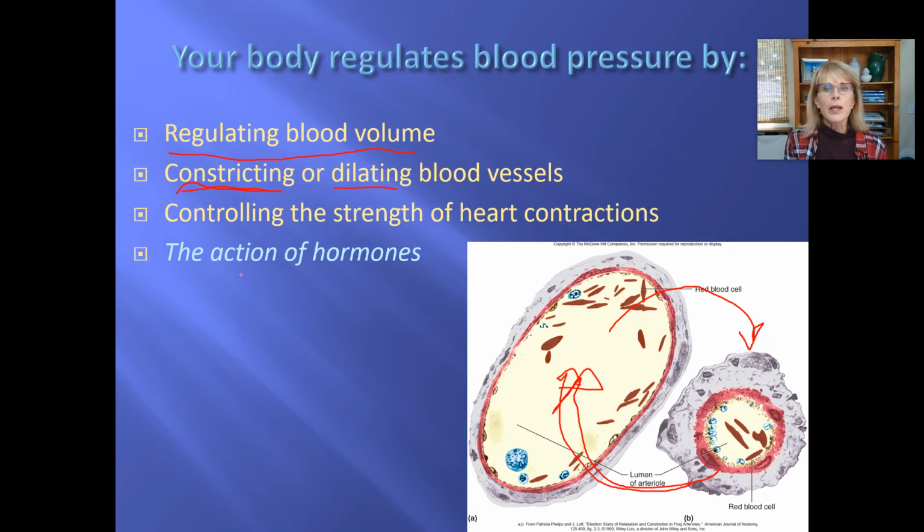A third way your body controls blood pressure is by controlling how hard and how fast your heart is beating. Actually, controlling your cardiac output. Remember, cardiac output is your stroke volume multiplied times your heart rate. It's the number of milliliters of blood that are getting kicked out by your heart in every minute. If cardiac output goes up, everything else being the same, then your blood pressure will go up.